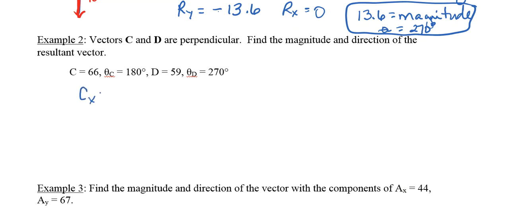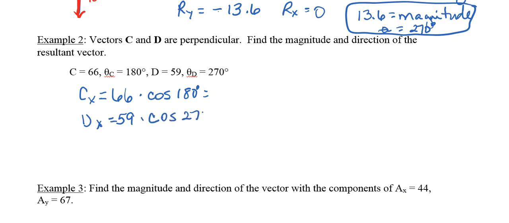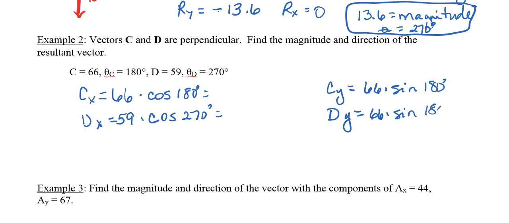So I have my C_x is going to be 66 times cosine of 180, and my D_x is going to be 59 times cosine of 270. I have my C_y is 66 times sine of 180, and my D_y is 66 times sine of, oops, wrong angle, 270.